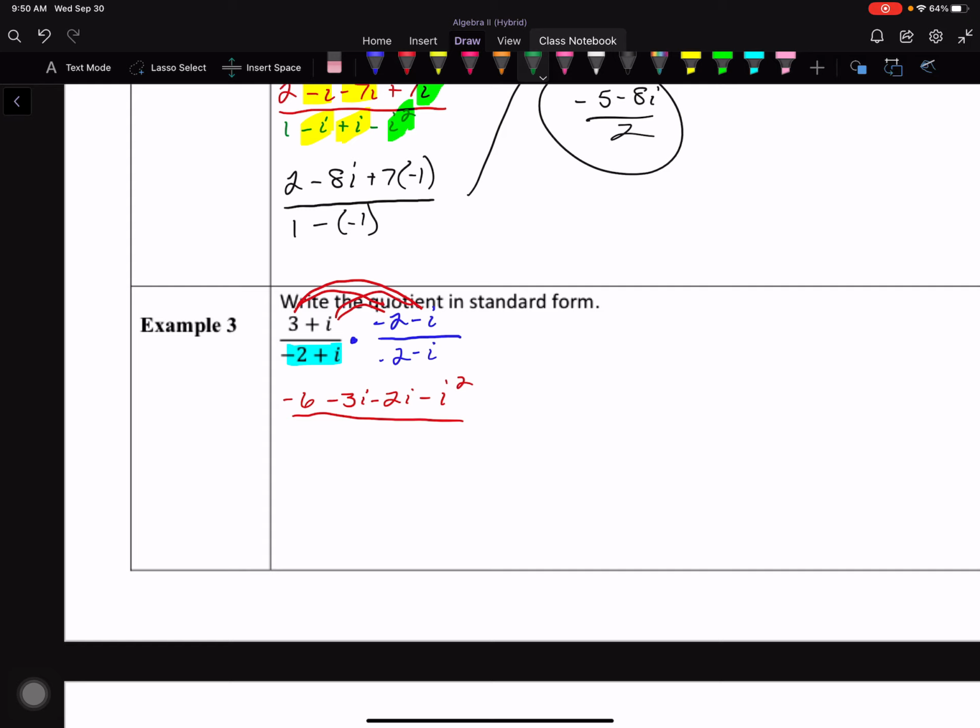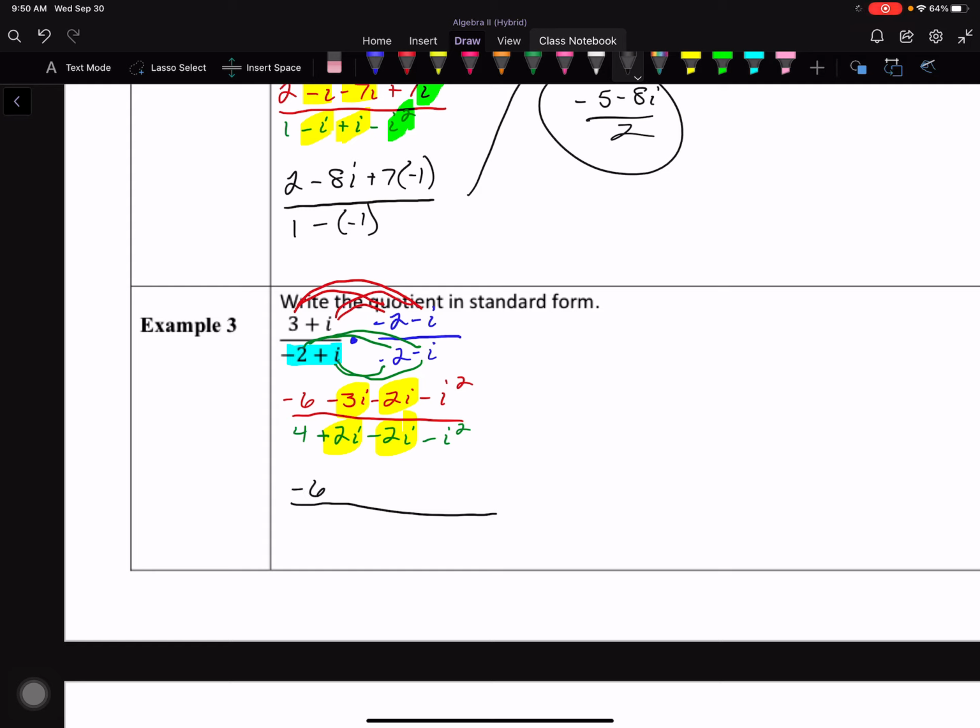divided by 4 plus 2i minus 2i minus i squared. So just distributing first, outside, inside, last, cleaning it up. Here we go. We have like terms here and here on top and here on the bottom.